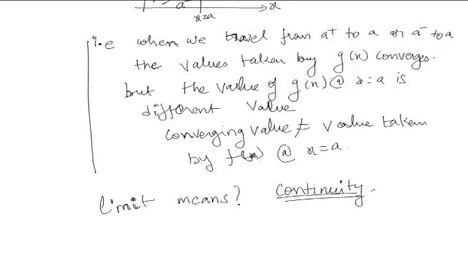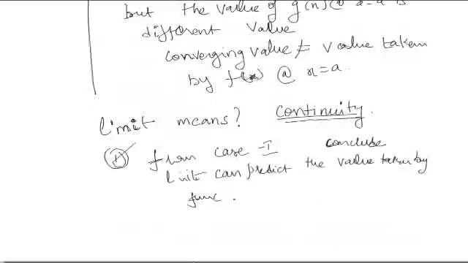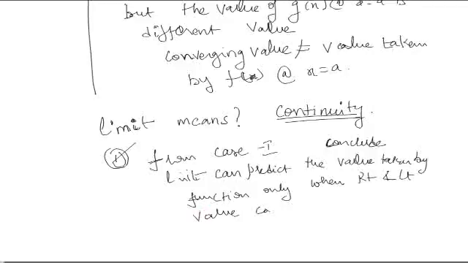So first, from case 1 we conclude the limit can predict the value taken by the function only when the right and left values converge.